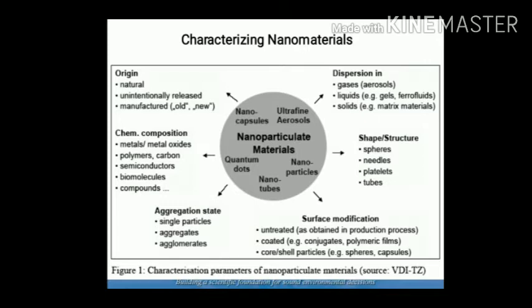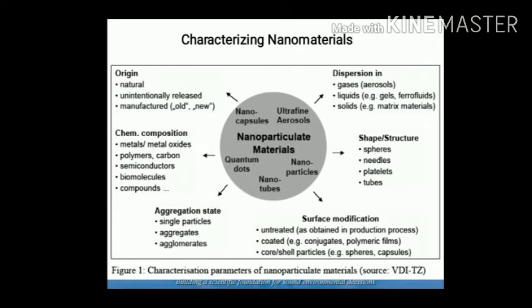And its shape or structure: spheres, needles, platelets, and tubes. Aggregation state: single particles, aggregates, and agglomerates. And chemical composition: it's metals or metal oxides, polymers, carbon, semiconductors, biomolecules, and compounds.